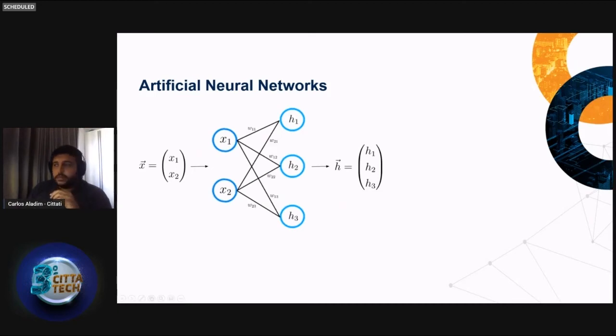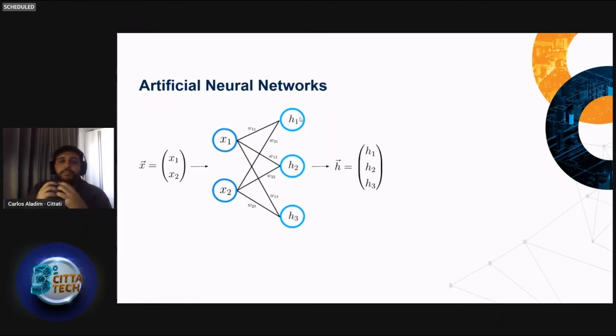Here, as you can see, we have a vector, and here we are doing the calculation that will generate this output H1, H2, and H3. And this method is called forward propagation.